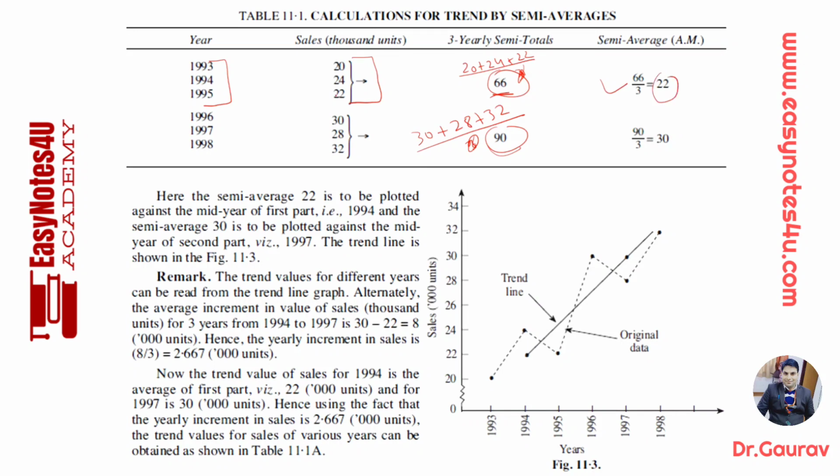It will be 22 in front of 1994, and 30 in front of 1997. So we have to put the values in front of 1994, 22, and in 1997 we have to put 30.